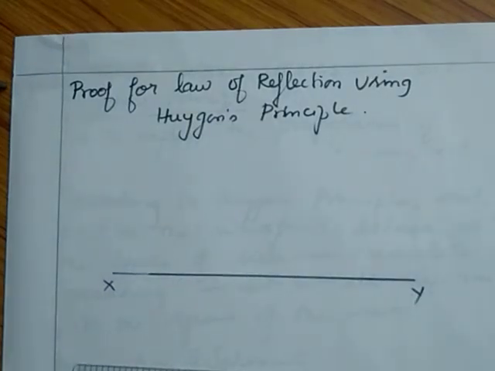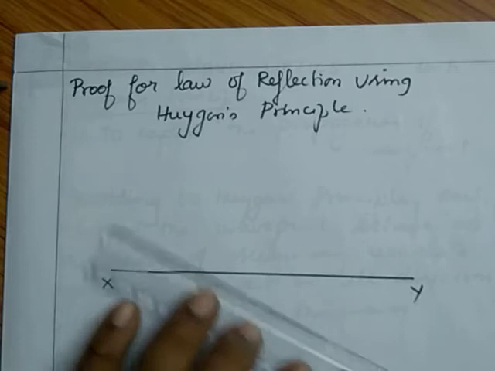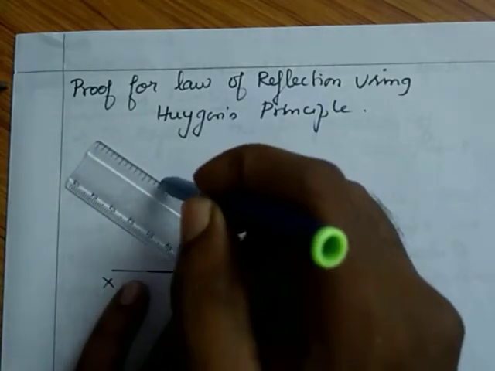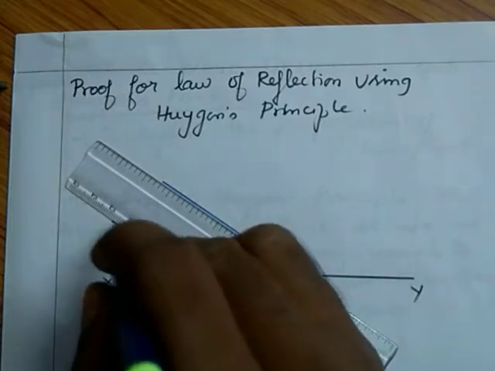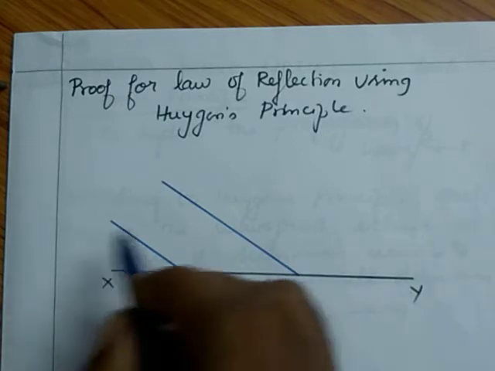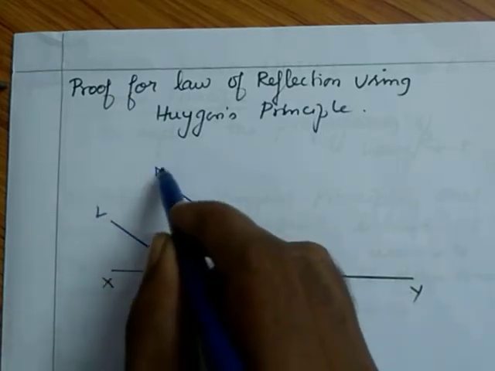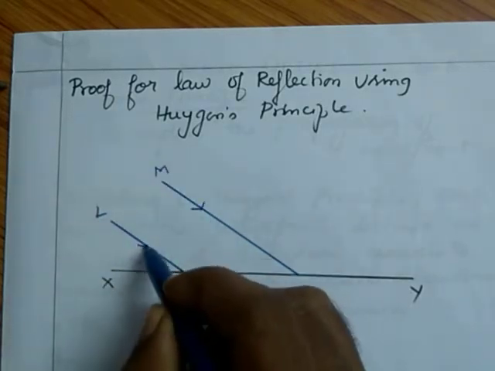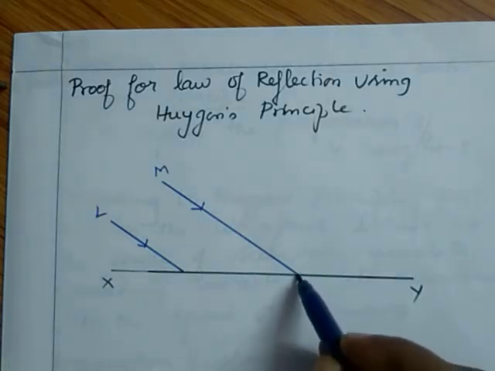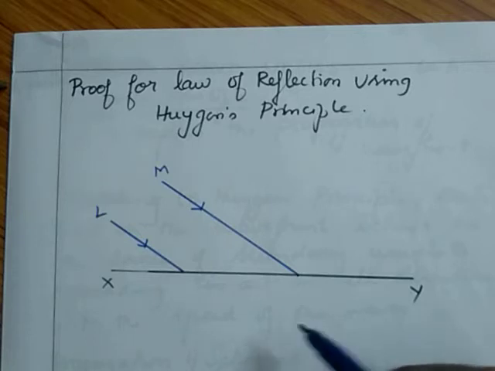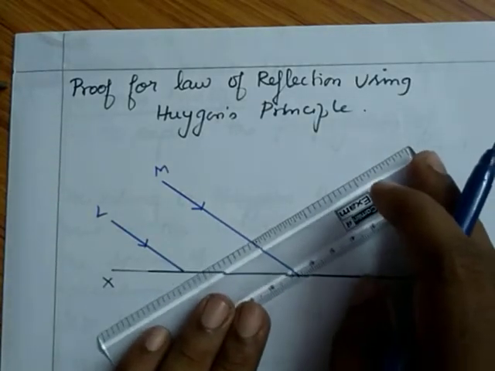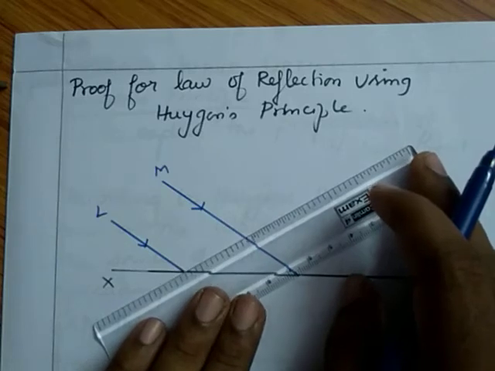Here a beam of parallel rays, that is LM, falls on the reflecting surface at the points A and B dash. Then according to the law of reflection, it will reflect.